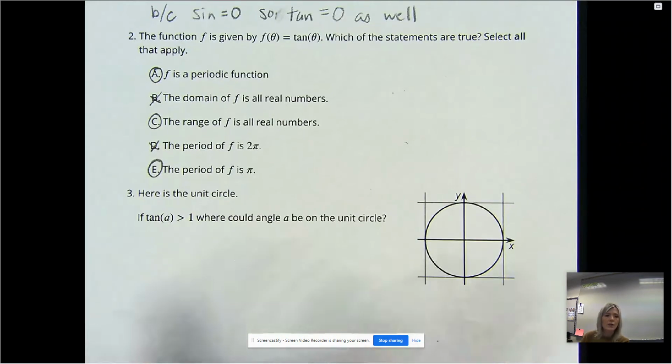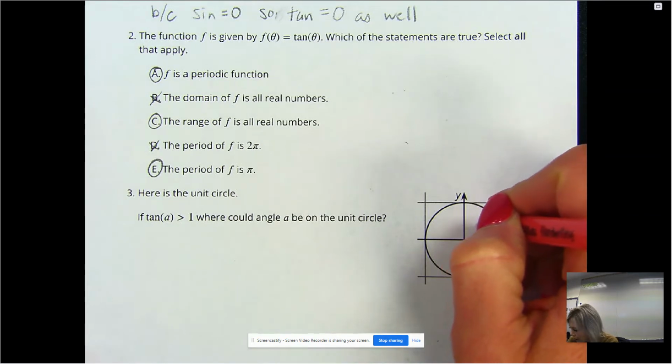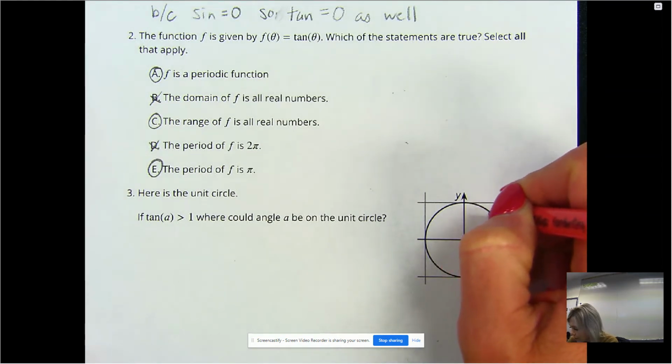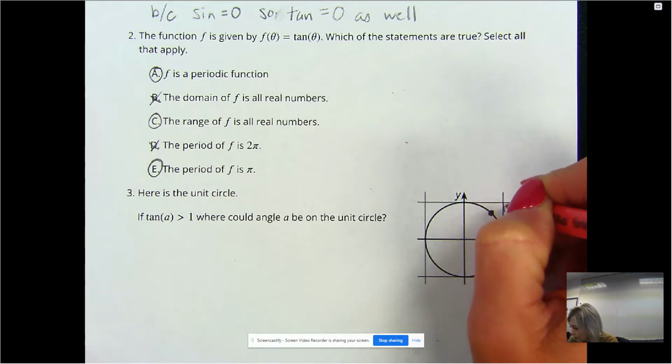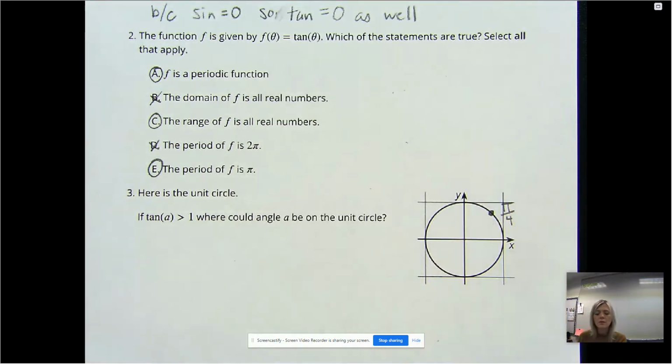Okay, number 3, the unit circle. If the tangent of A is greater than 1, where could A be on the unit circle? So right here, like exactly halfway, pi over 4, that's that spot where cosine and sine are the same value. And so when you divide them, you get 1. So at that point right there, tangent equals 1.